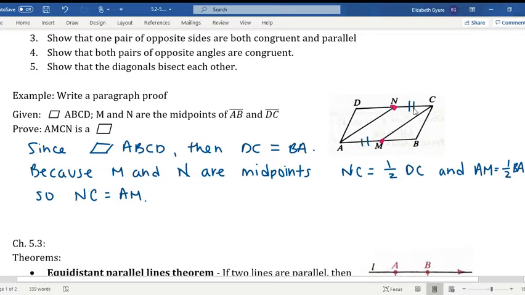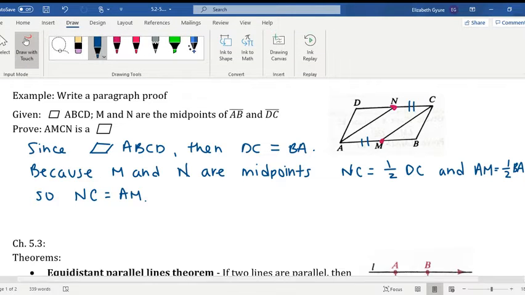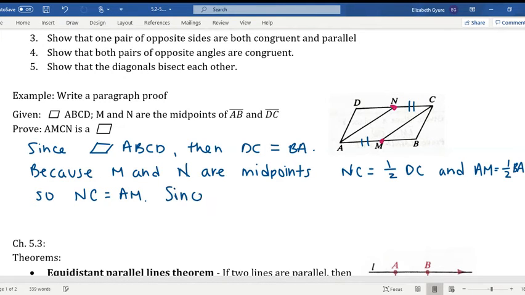I'm going to go ahead and say that since it's a paragraph proof, we can skip that and say that since segment DC is parallel to segment BA, and N, well, we can skip that part.